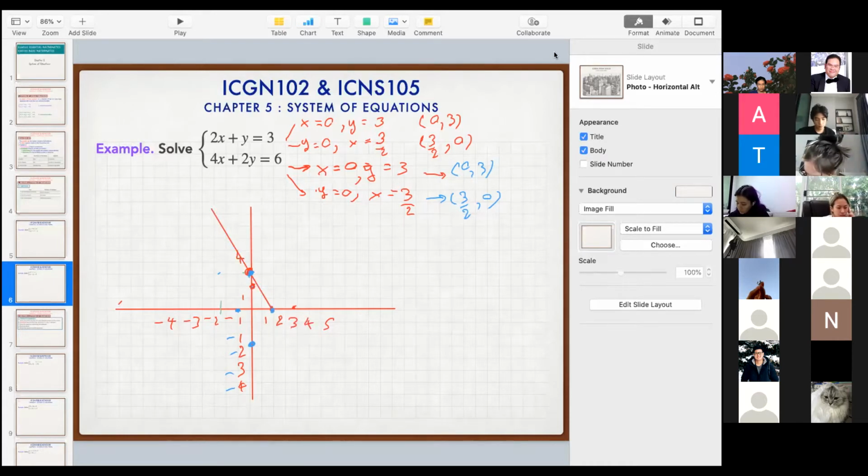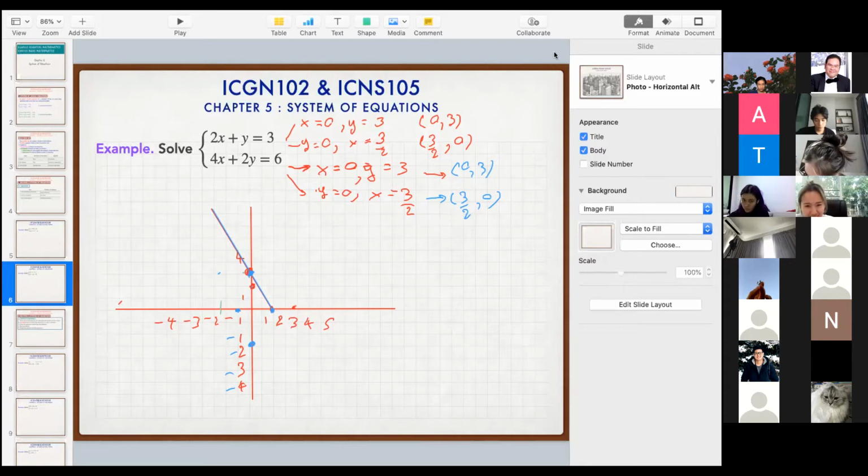You can see that the blue line coincides with the red line here, so there are multiple answers, or infinite answers. For this system of equations, there are infinitely many solutions. This one is consistent and dependent.